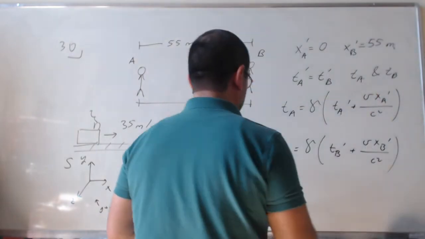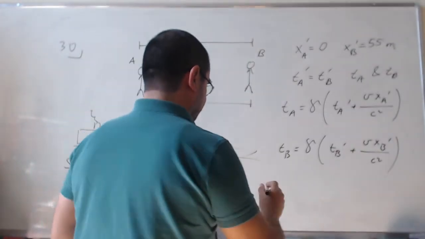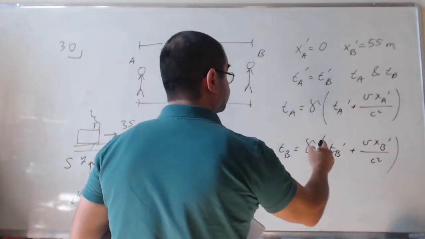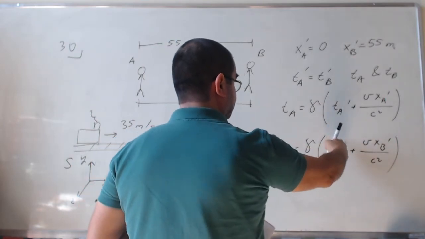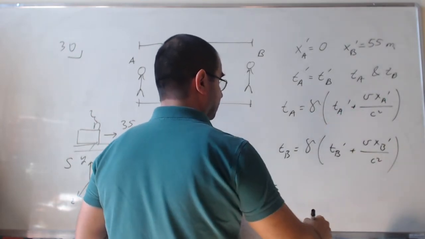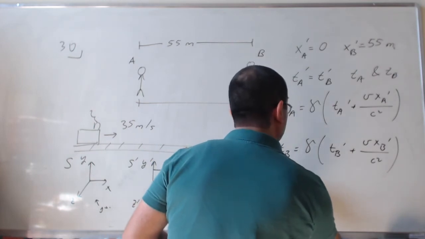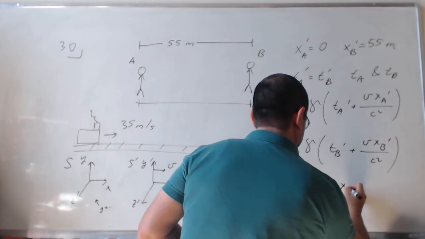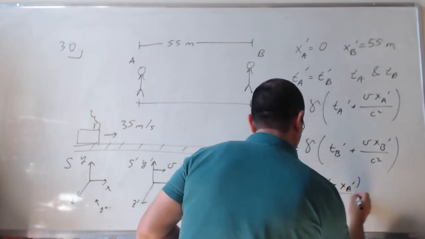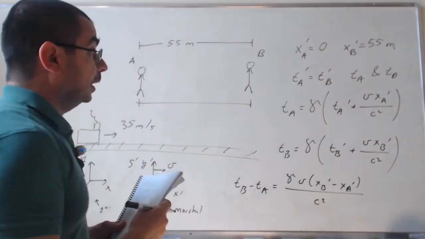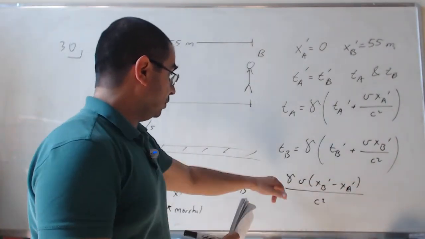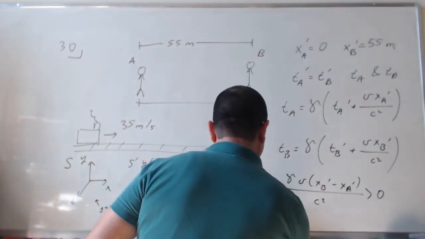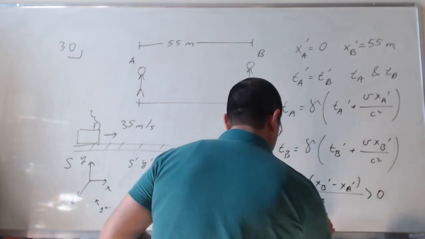I took these from the book, and I can subtract them side by side. TA prime and TB prime are equal to each other, so they're just going to cancel, and I'm going to end up with gamma V times XB prime minus XA prime divided by C squared. Because all of this is larger than 0, this is going to be larger than 0. So TB is larger than TA, which means that A shot first.